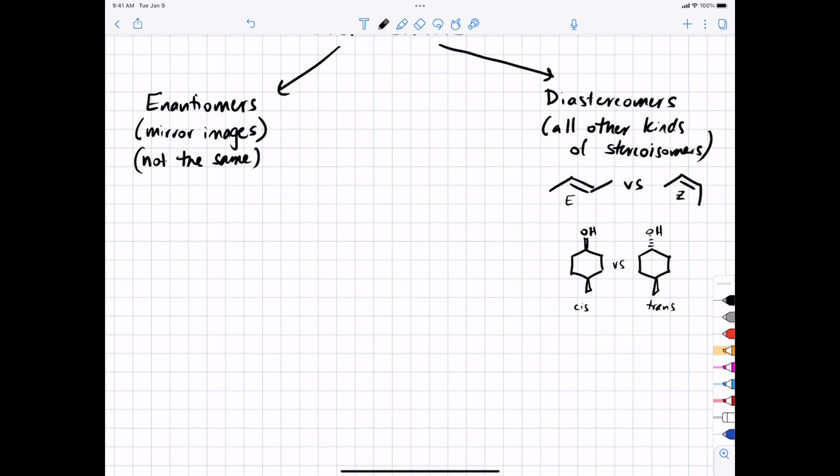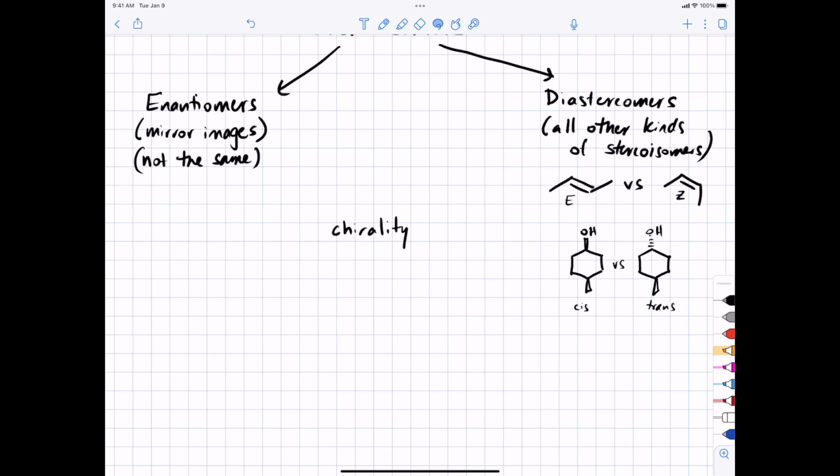And the ability to have a mirror image that is not the same is a property that is called chirality. Chirality is a word we use to indicate that something has a mirror image that's not the same.